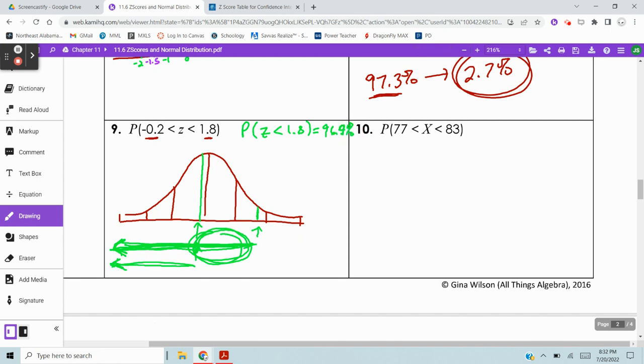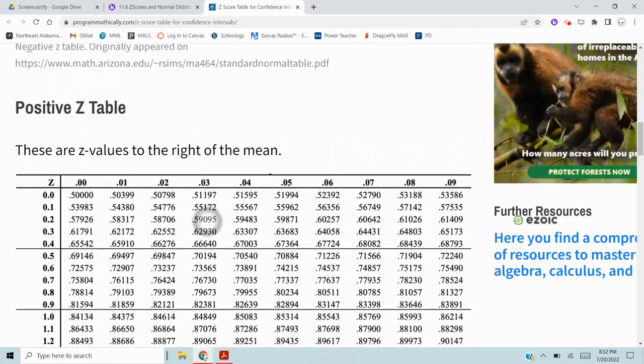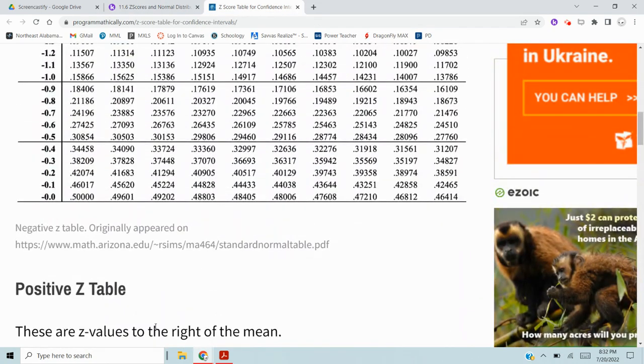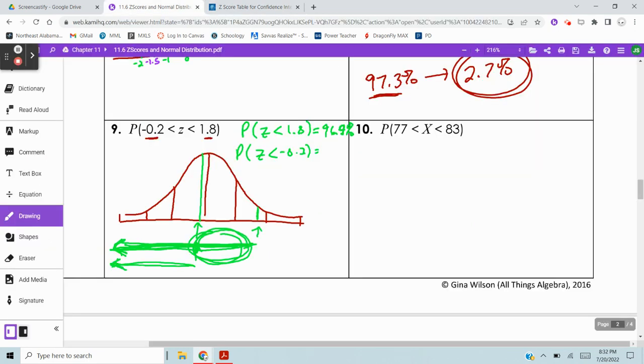And then we're going to do the probability that our z value is less than negative 0.2. So we go back and we need our negative z-score table. Negative 0.2 right there is 42.1% when we round it.